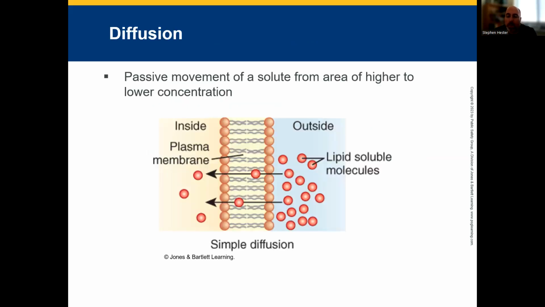Diffusion is the passive movement of a solute from an area of high concentration to an area of low concentration until an even distribution of particles is achieved. In homeostasis, we want the same amount usually on each side, so we allow it across the plasma membrane.